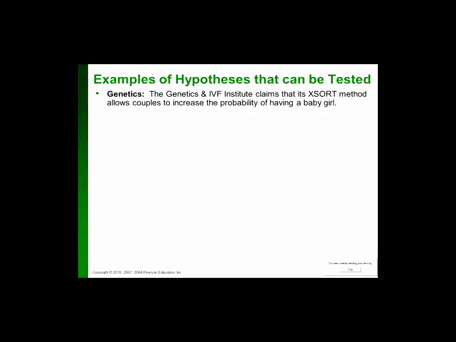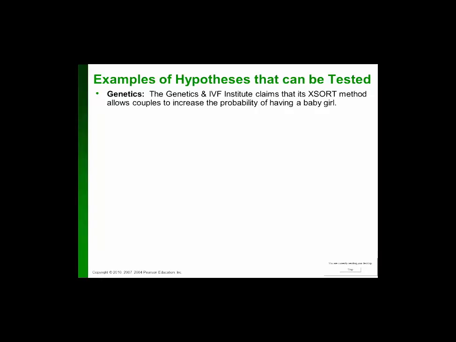Now, without any kind of procedure, roughly what's the probability of a baby being a girl? About 0.5 or 50%. The Genetics and IVF Institute claim that with their procedure, P is greater than 0.5 for having a girl.